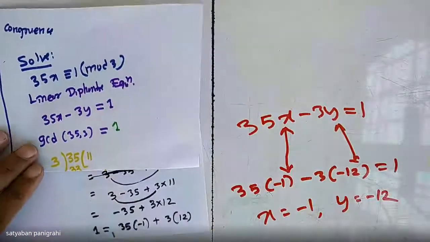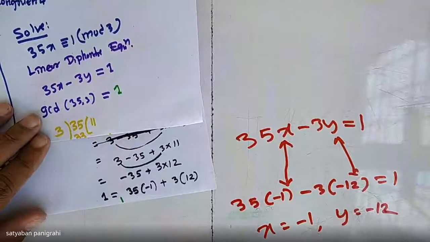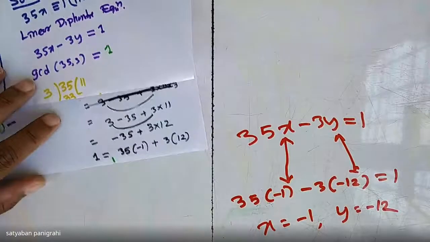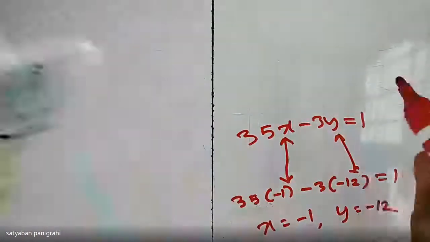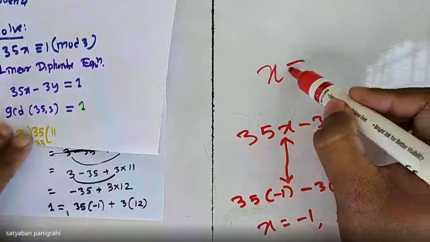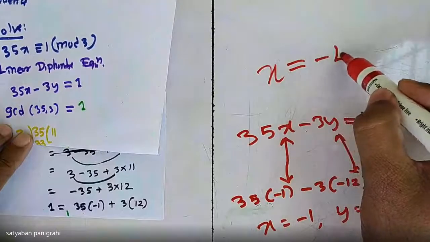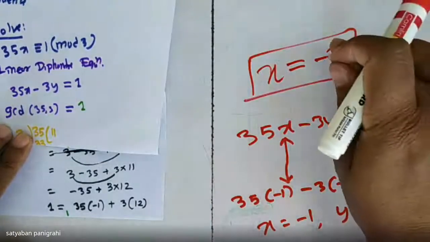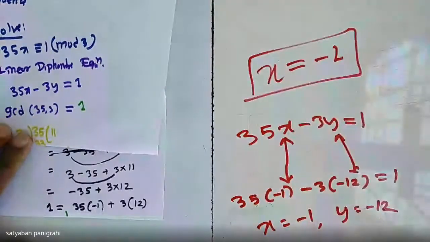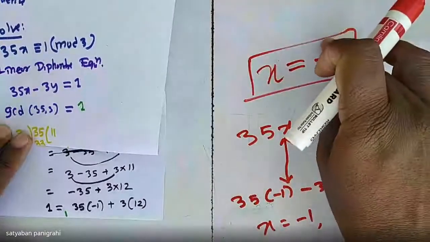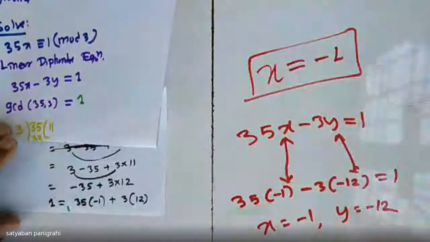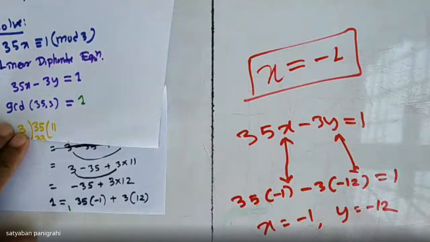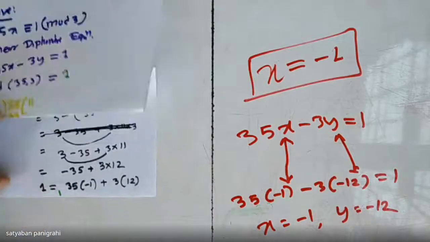So we have got a solution. We have got x equals minus 1. Right? This is the process. So x equals minus 1.